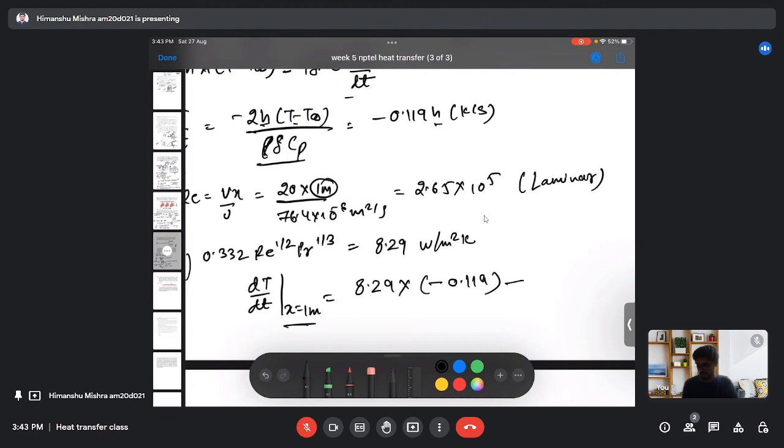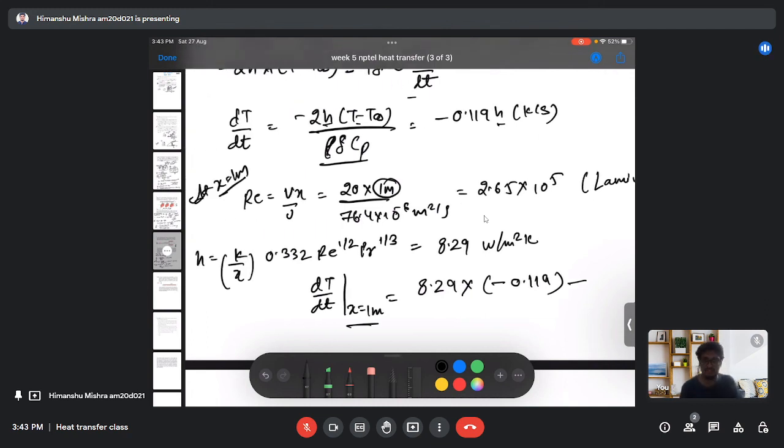Now I can find the similar temperature change with time at x equals 100 meter. For this, again I will check my Reynolds number at x equals 100 meter, whether it is laminar or turbulent.